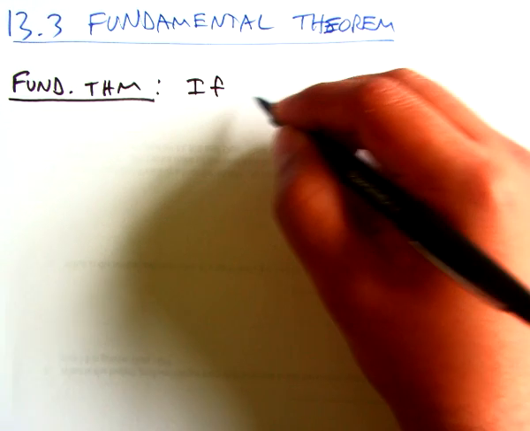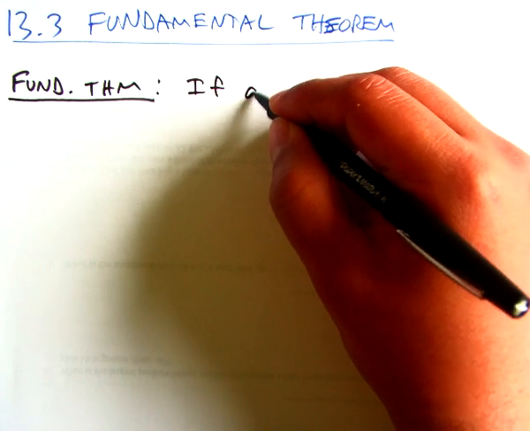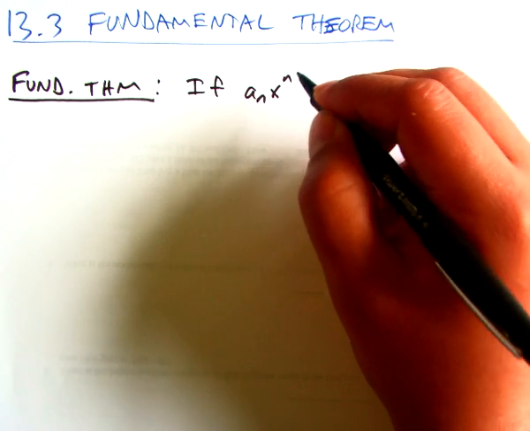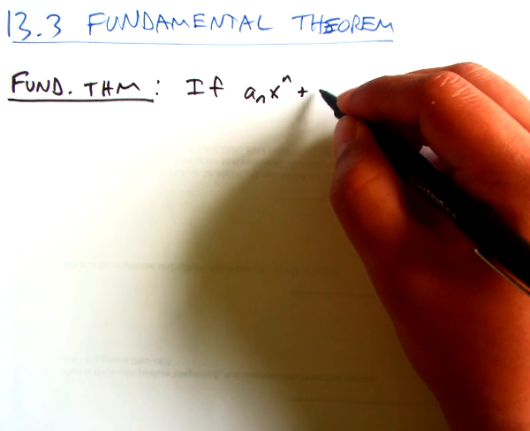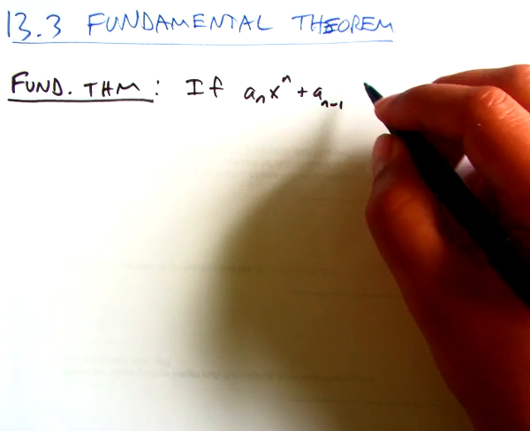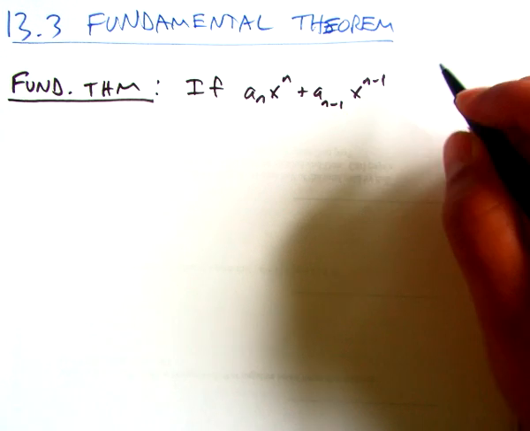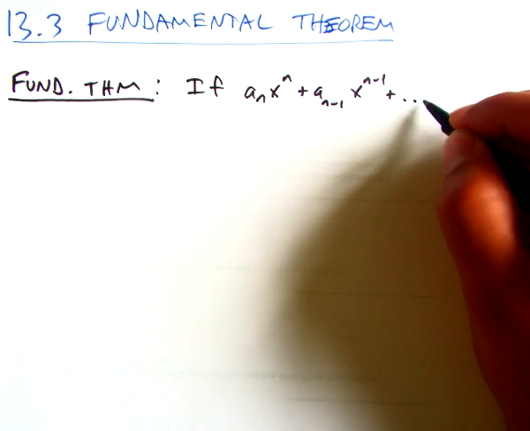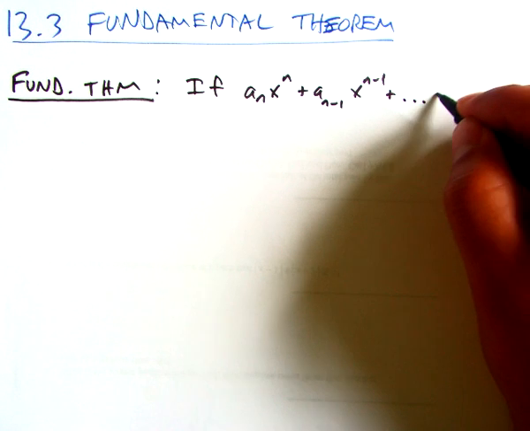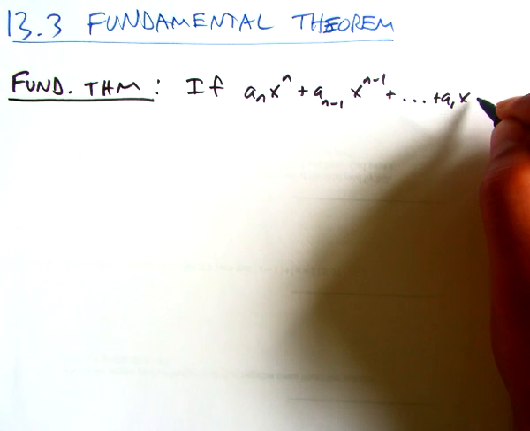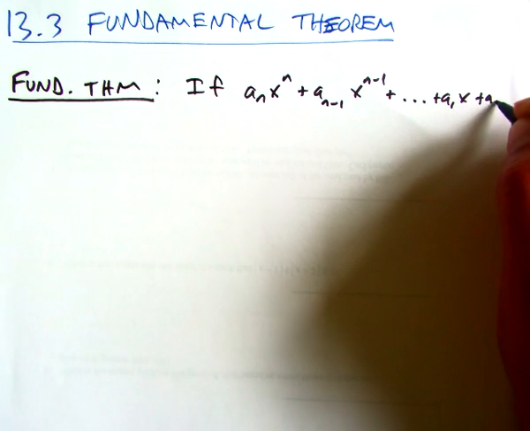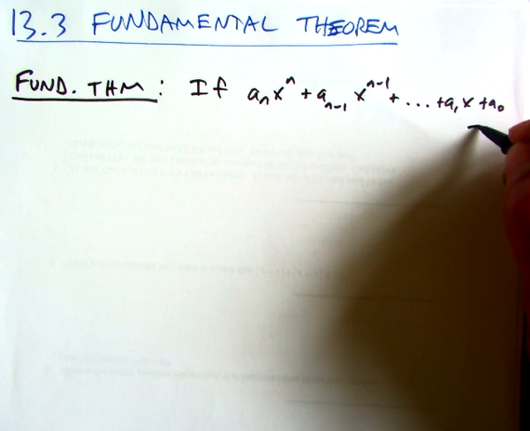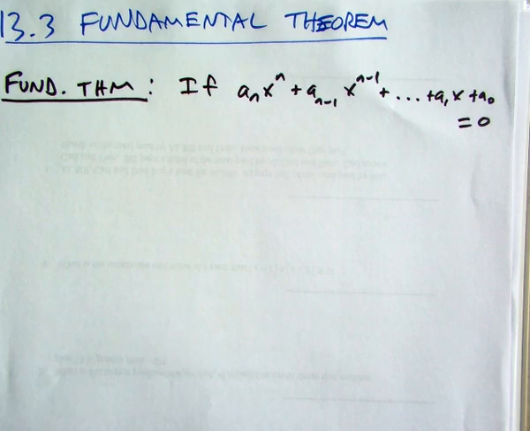If a_n x^n plus a_(n-1) x^(n-1) plus etc., plus a_1 x plus a_0 equals 0. This is what we call a polynomial.